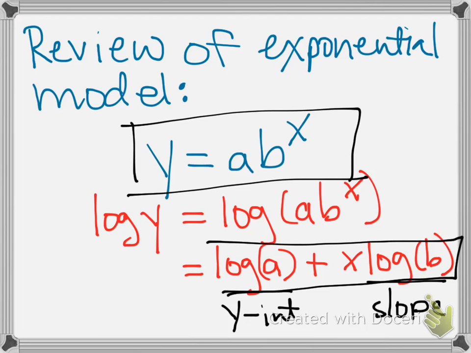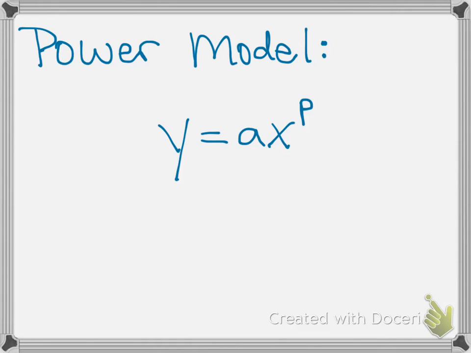So we're going to use the exact same principles to take a power model and transform it into a linear equation. The basic form of a power model is y equals a times x to the p. Now notice that there's a slight difference between the power model and the exponential model.